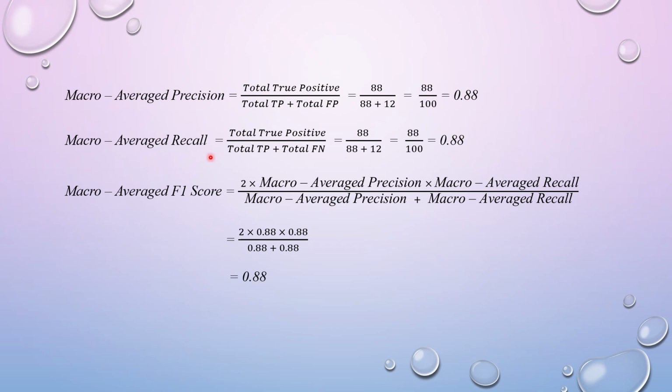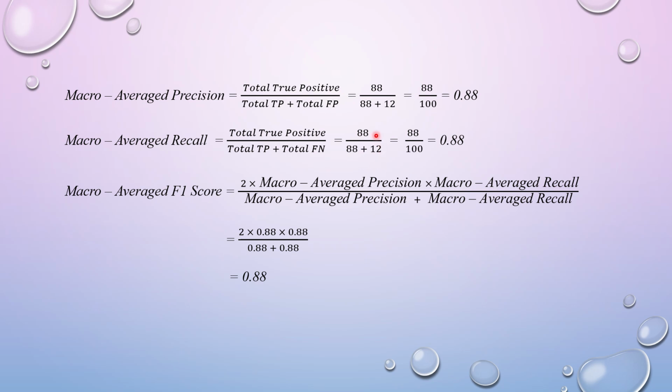Next, micro average recall. So the formula to calculate micro average recall is total true positive divided by total true positive plus total false negative. So here total true positive value is 88 and total false negative is 12.